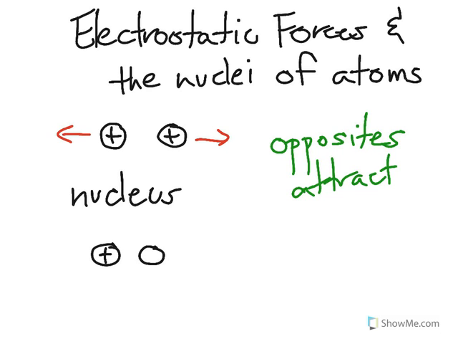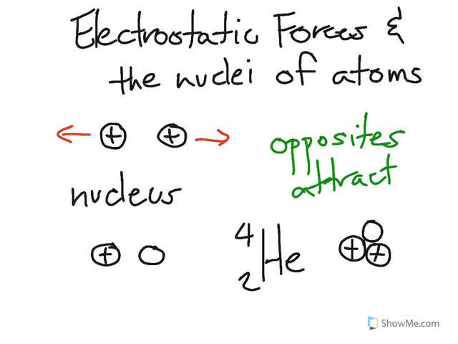Now think about that really quick. If we have helium, and here's the isotope notation for helium, it happens to have two protons and two neutrons like this in the nucleus, and then it'll have two electrons on the outside somewhere around there.